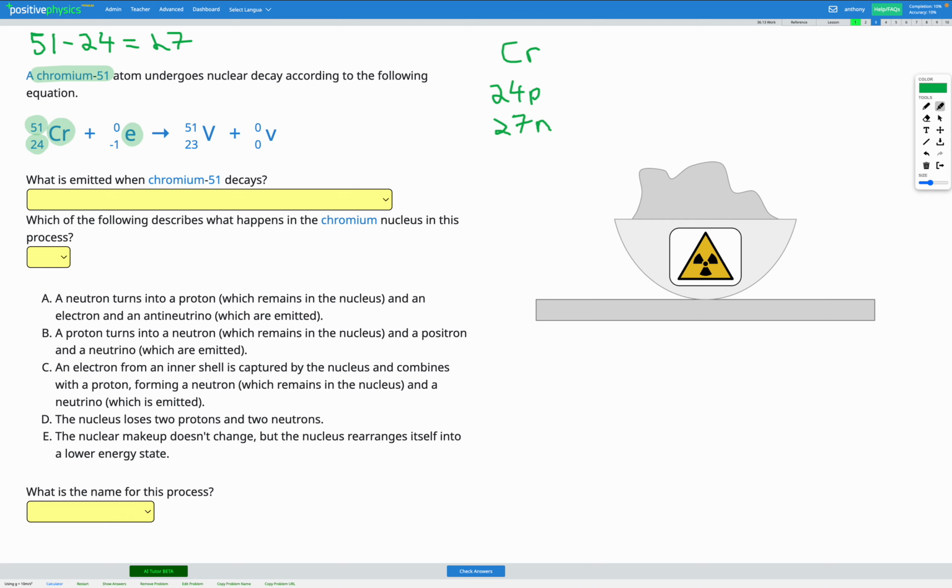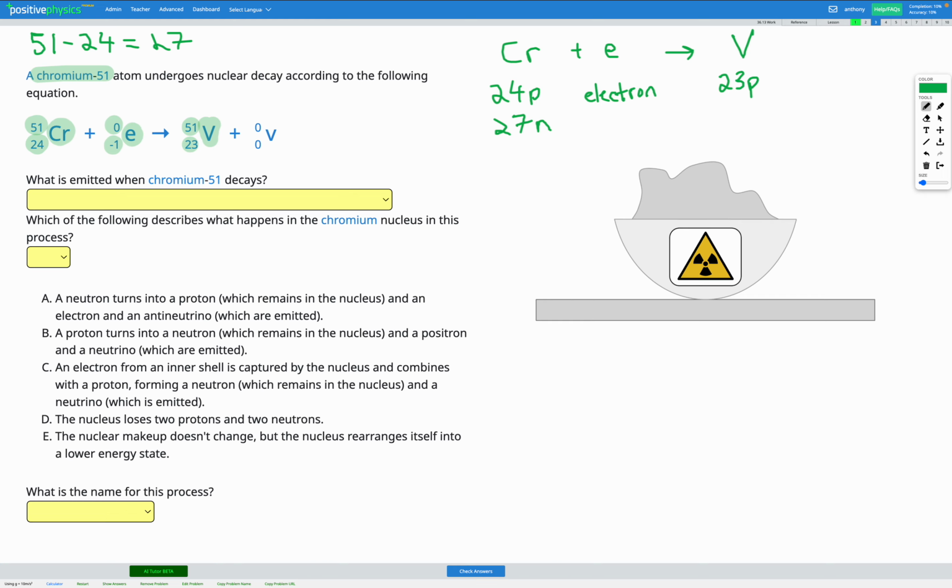Next we have an electron with a -1 for the atomic number, representing a -1 charge, and a 0 for the mass number, representing no mass. So we've got an electron. Then on the other side of our equation, we have vanadium, which has an atomic number 23 and a mass number 51. Atomic number 23 means 23 protons.